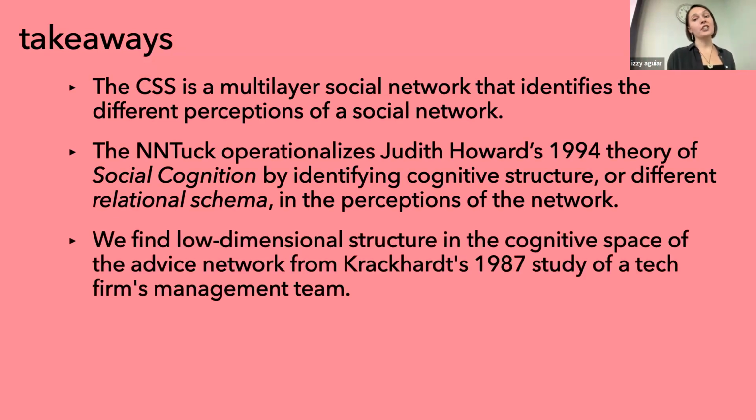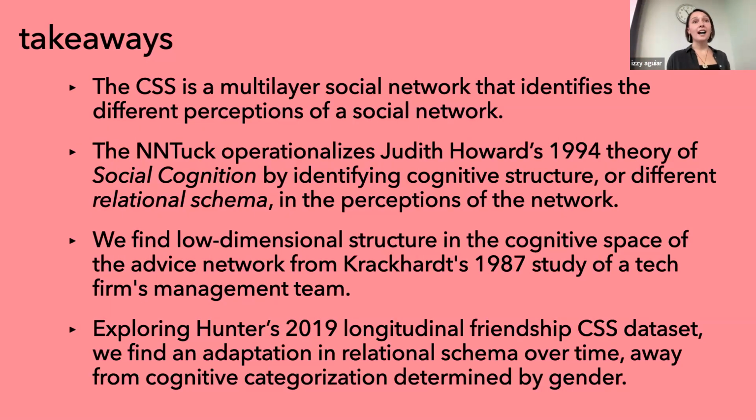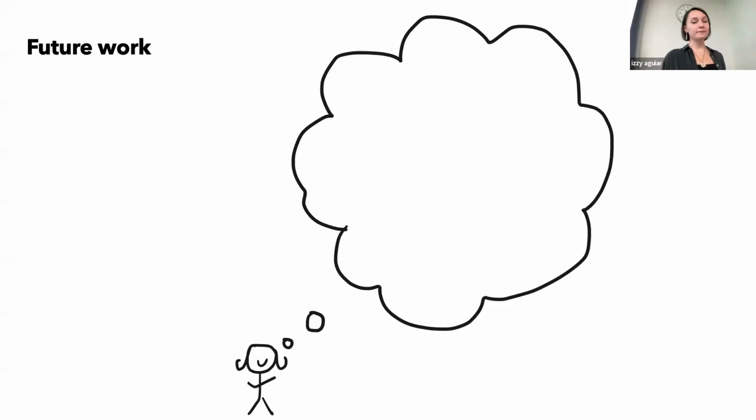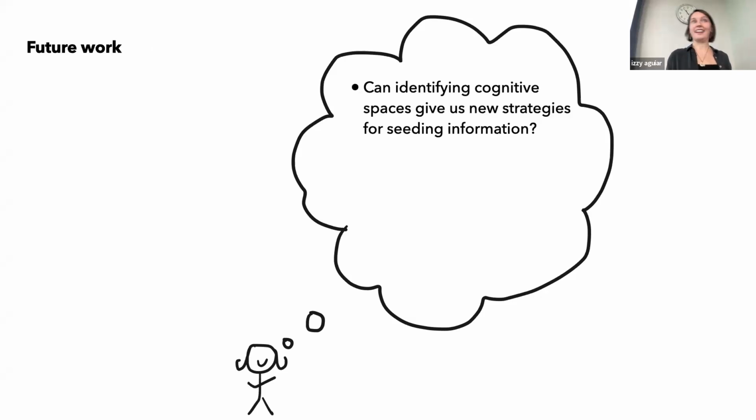And we find low-dimensional structure in the cognitive space of the advice network from Krackhardt's 1987 study. And in exploring Hunter's 2019 longitudinal friendship CSS, we find an adaptation in relational schema over time, away from cognitive categorization determined by gender.